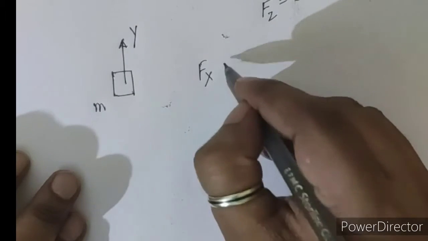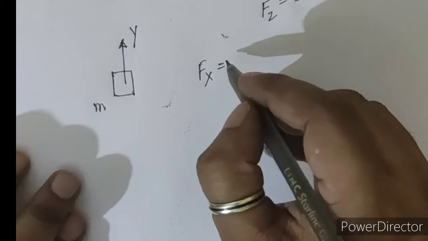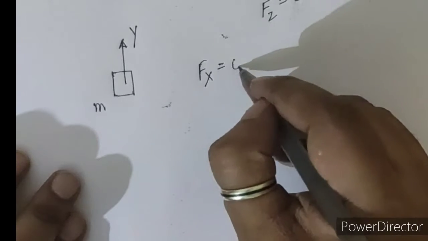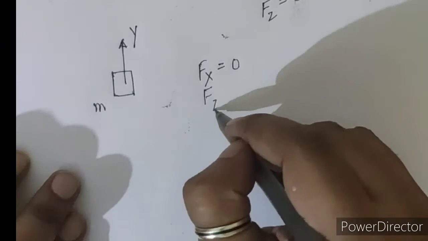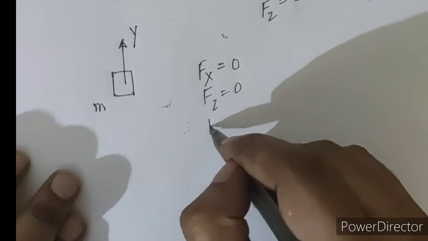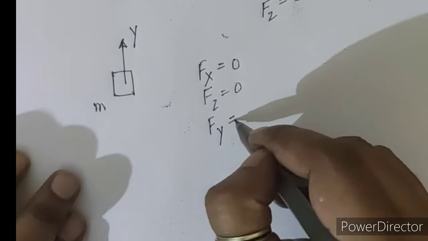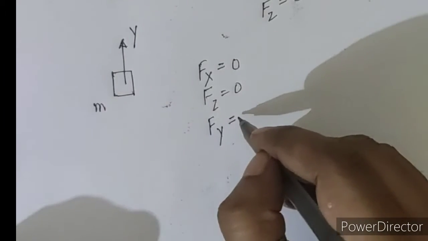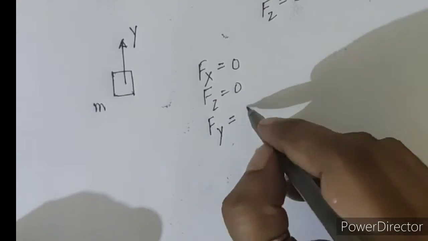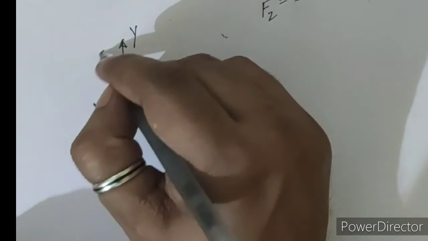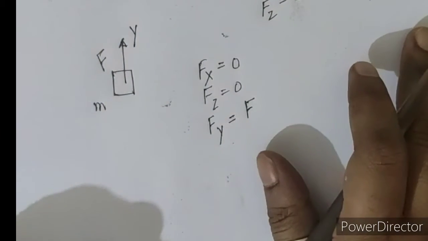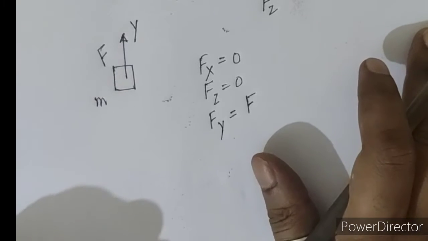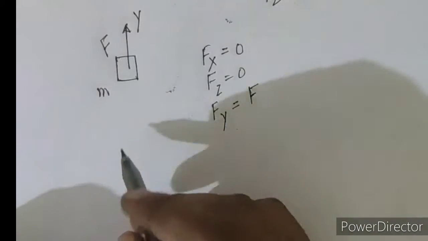Then Fx, the force along the x direction, will be 0, force along the z direction will be 0, but force along the y direction will be F, the magnitude of force being applied along direction y.